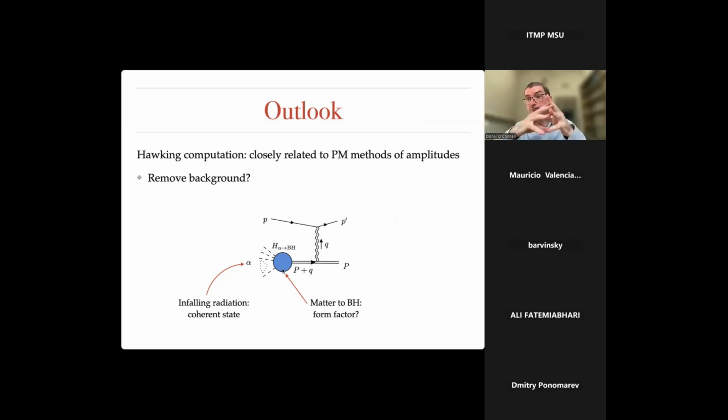And therefore, the actual microscopic physics of forming the black hole is irrelevant. There's a decoupling. This is like a soft limit. So I don't need to do anything, I believe, in terms of the formation of the black hole, other than to introduce some form factor, some sort of essentially vertex between the infalling state and the final black hole.